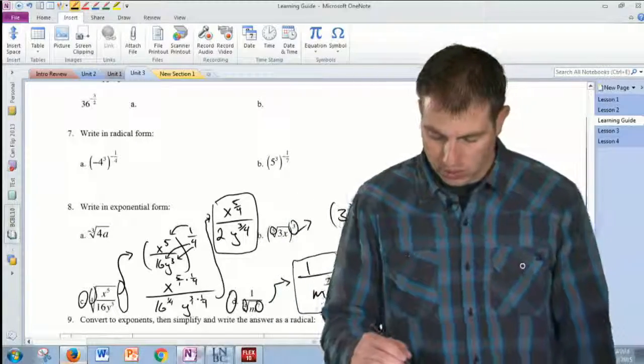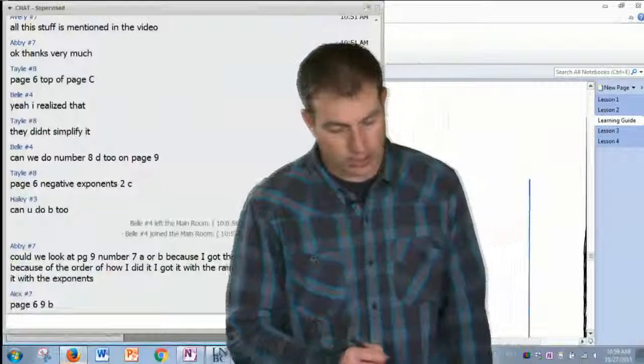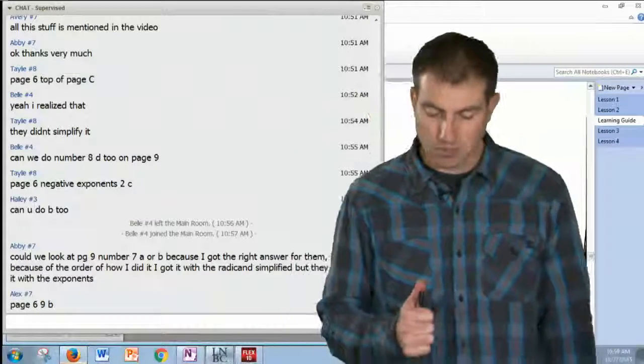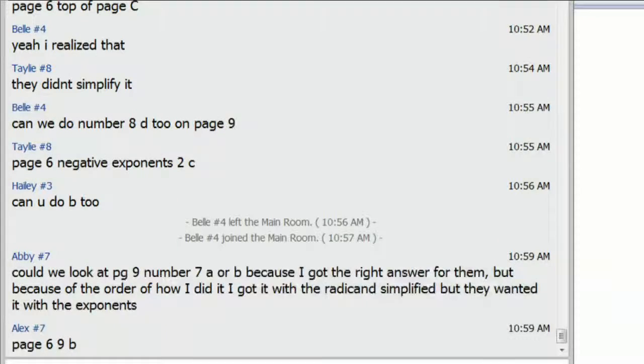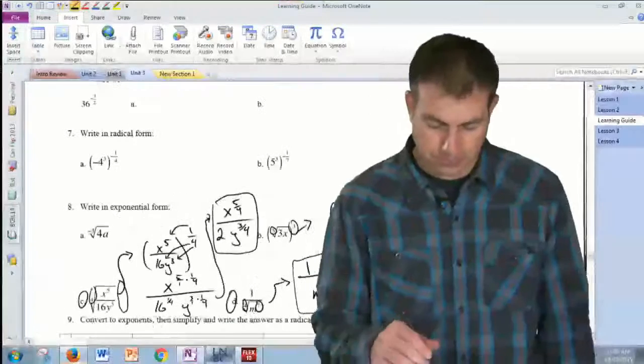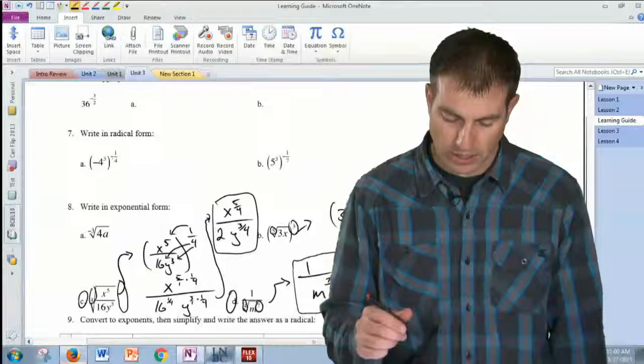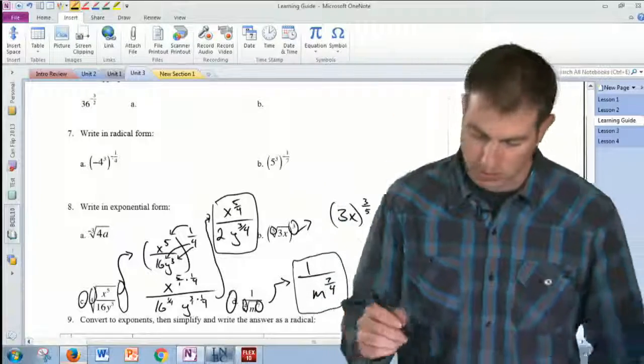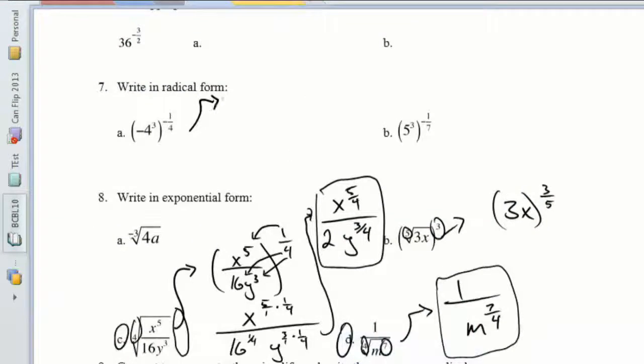All right, so just so I understand your question correctly, I got the right answer, but because of the order of how I did it, I got it with a radicand simplified, but they wanted it with the exponents. So if I'm understanding what you've written correctly, they just didn't calculate the actual number. I'll just do it and maybe we'll see where we end up.